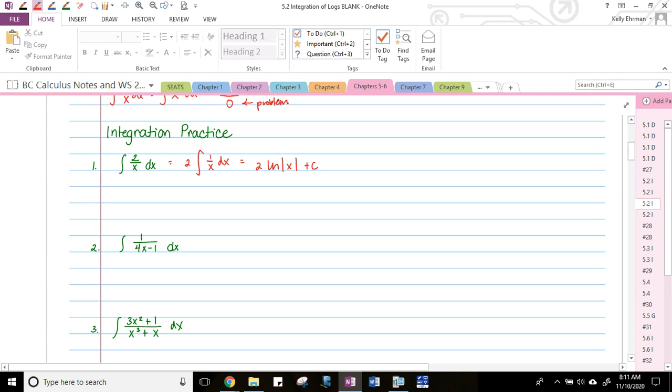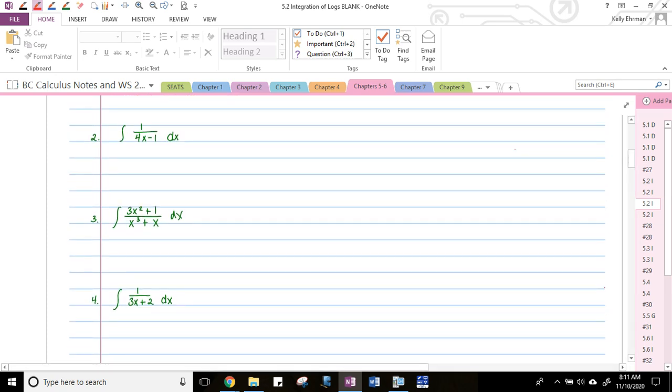Now, since we're working with natural logs, if you are trying to look for your answer in a multiple choice question, remember we could use our log properties to work on this a little bit more. This 2 out in front is the same as having natural log of x squared plus c, and that's a pretty common change to make because if this is x squared, then I don't really need the absolute value anymore because x squared is positive no matter what.